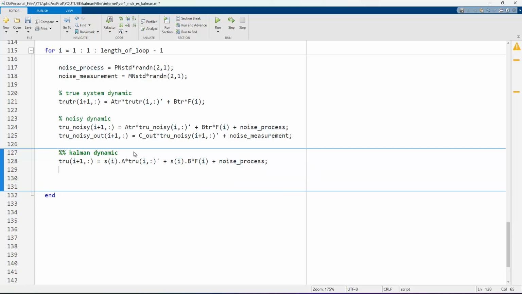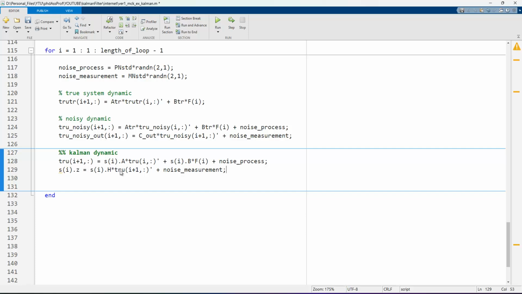Okay, and so the S(i).Z value should be assigned S(i) times H. See that this H is the measurement matrix, but it's contained in the Kalman dynamics, not the C out one, because the C out may contain only the position value, not the velocity, but this H is the estimation matrix in here, times true(i+1), plus noise measurement, right?